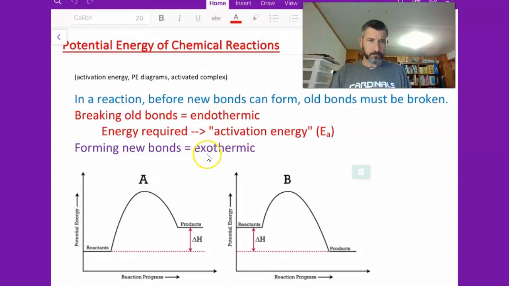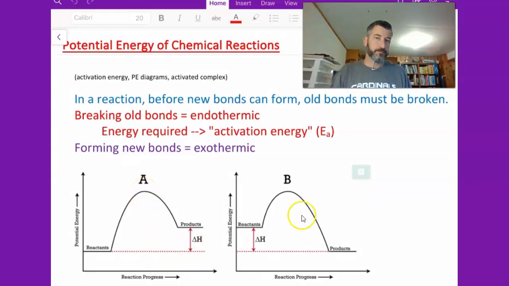So the way that's represented in a potential energy diagram is it's the uphill part. That is the activation energy. And if we had numbers along the y-axis here, you could figure out what the activation energy is for each of these reactions that you see in these diagrams. It's just basically the distance from where the reactants were to the top of the hill.